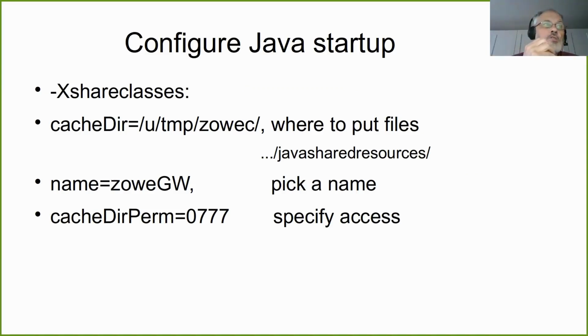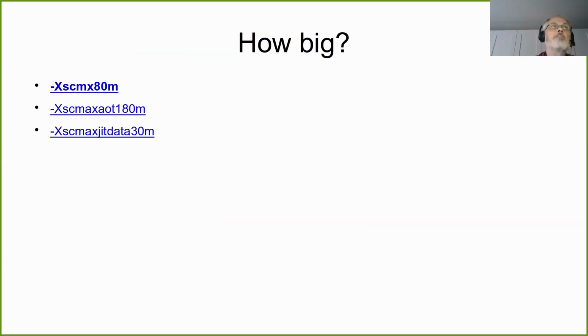In this case, I'm saying they all use the same version of Zoe GW. And I said, this is the access, the permissions that people can have. So the permissions of 777 means anybody, the user, the group, or any user, can have access to it. This may depend on what you want to do. You might just want to say only the owning user ID can access this cache, but that is up to you as a user. How big?